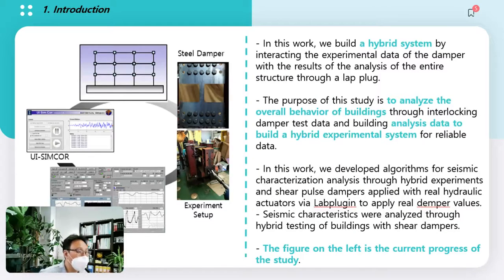The figure on the left is the progress of the study, which is the hybrid test system that analyzes the entire structure by dividing it into substructures rather than analyzing or testing the entire structure, by applying the damper test to the analysis of the building.